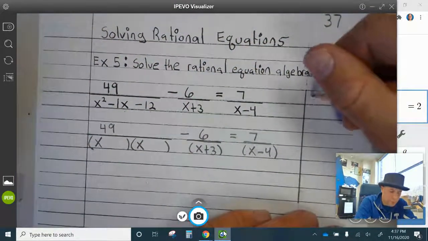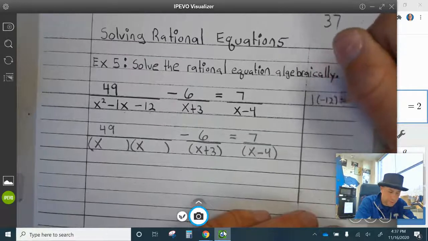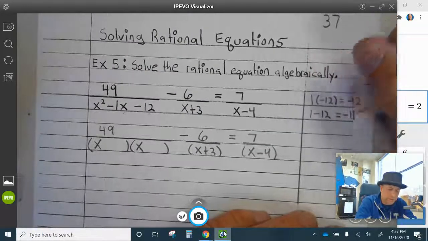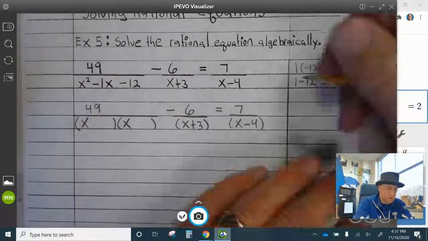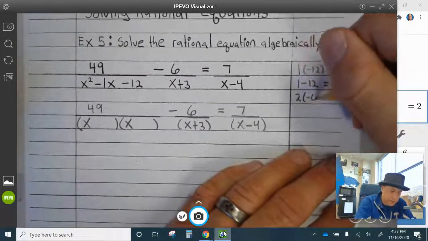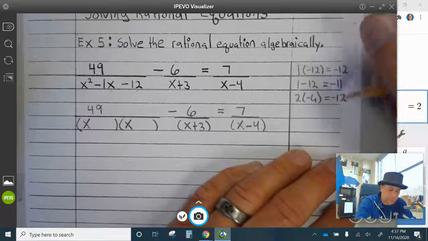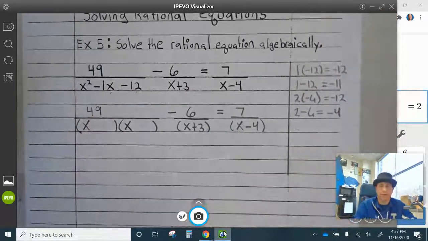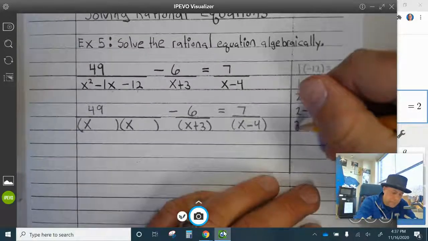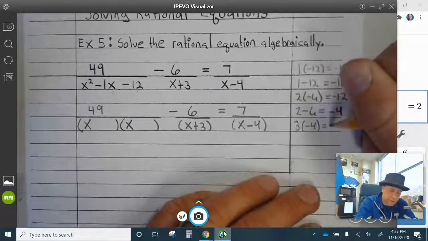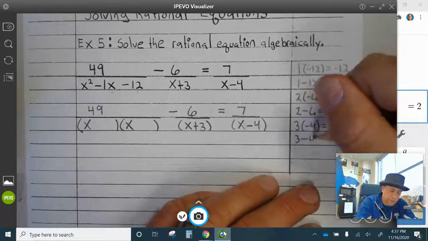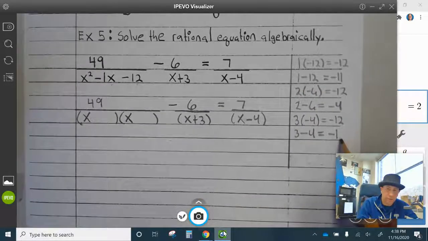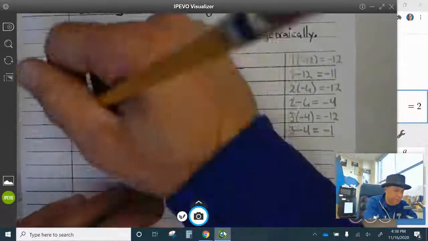Well, we know that 1 times negative 12 is negative 12. 1 minus 12 is negative 11, okay? 2 times negative 6 is negative 12. 2 minus 6 is negative 4. Okay, that's not it. 3 times negative 4 is negative 12. 3 minus 4 equals negative 1. We have our negative 12 or negative 1. That means our factors are x plus 3, x minus 4.